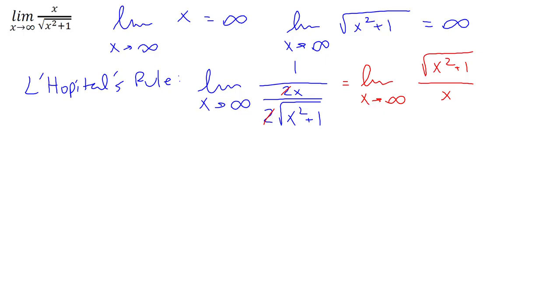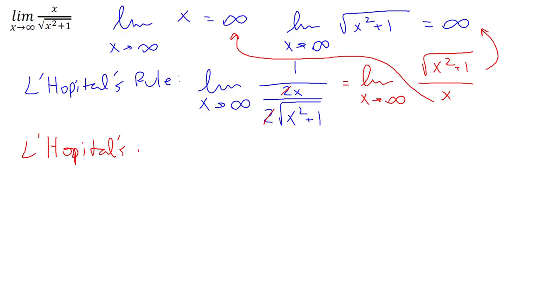Well, if I look at that, I already know that the limit as x approaches infinity of root x squared plus 1 is infinity, and the limit as x approaches infinity of x is infinity. So I can use L'Hopital's rule again. And you can probably imagine what's going to happen here now.